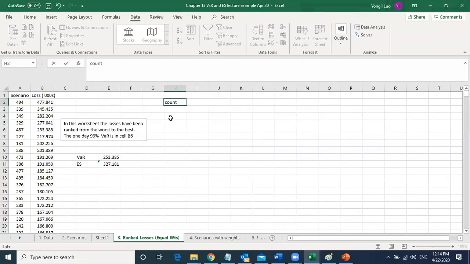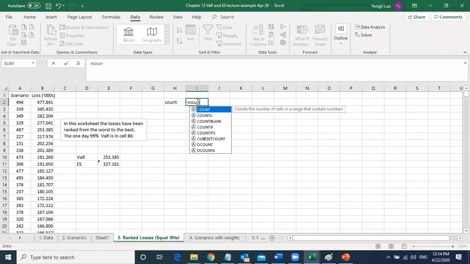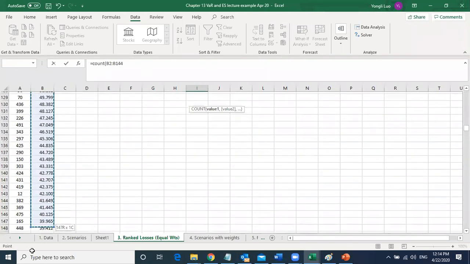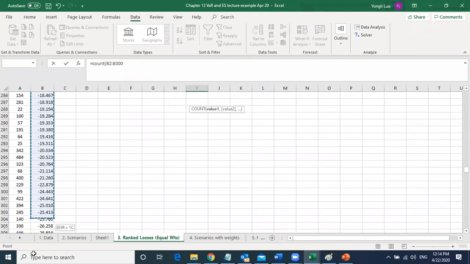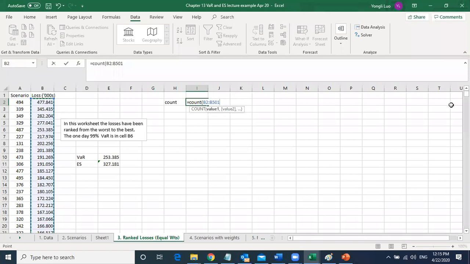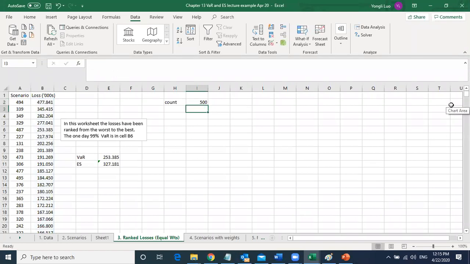So we count all those values, all the way down. So we have a total of 500 observations.